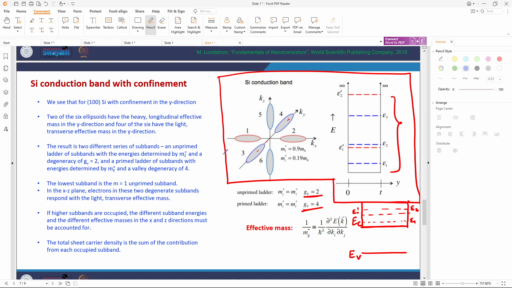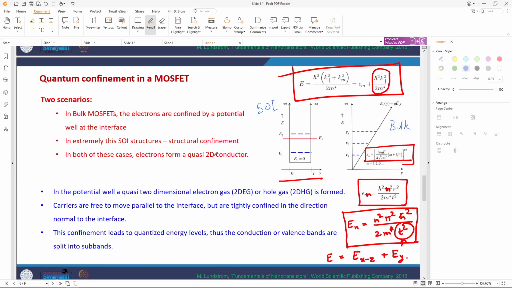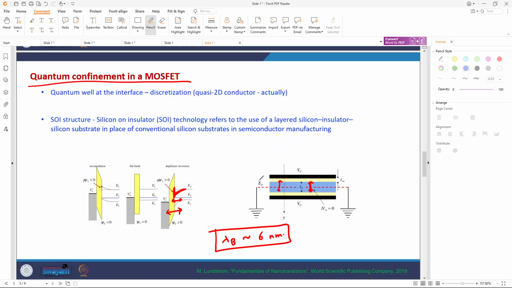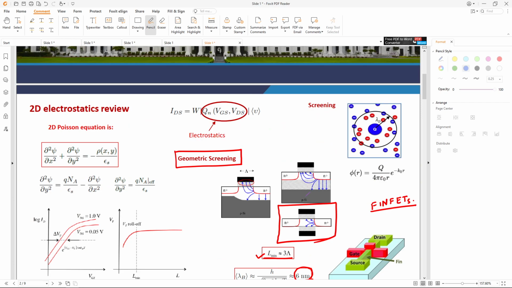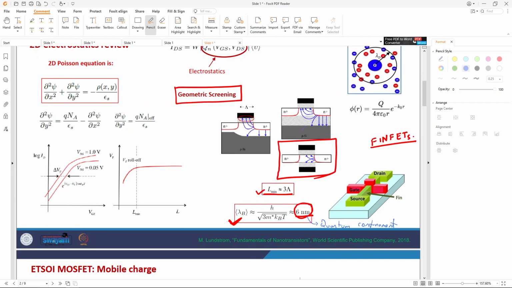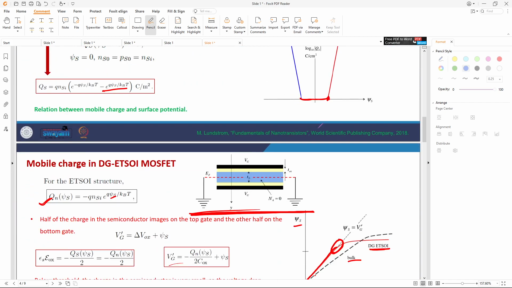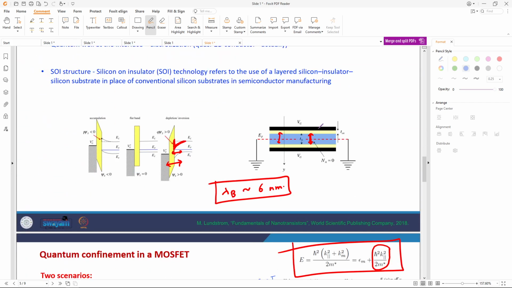So now tell me this: whichever be the case, be it a 2D double gate silicon on insulator or a single gate device like this, in how many directions is silicon getting confined? Like in how many directions is the movement of the electron getting constrained?